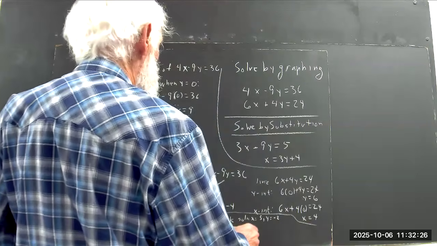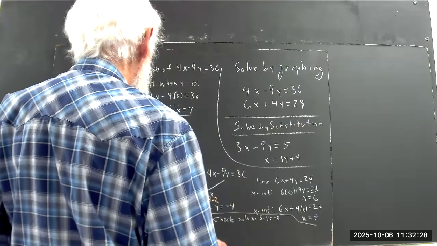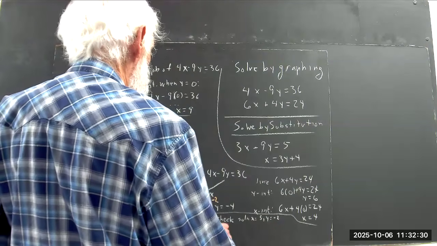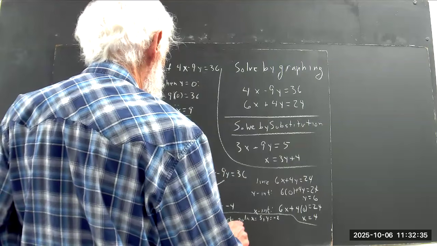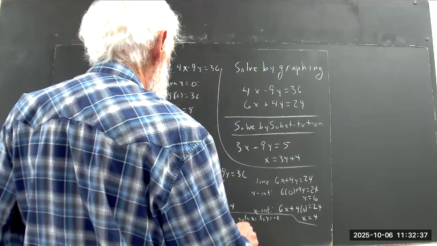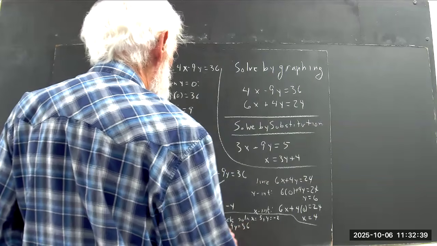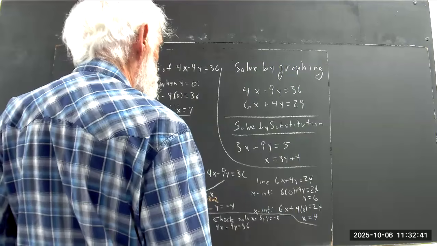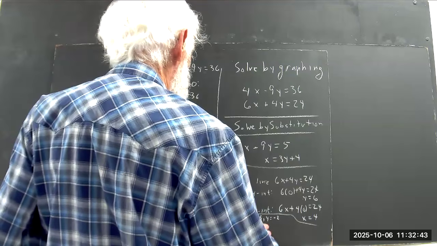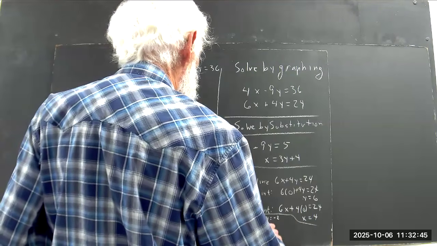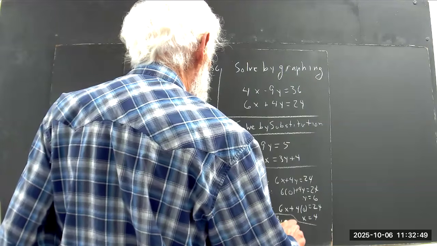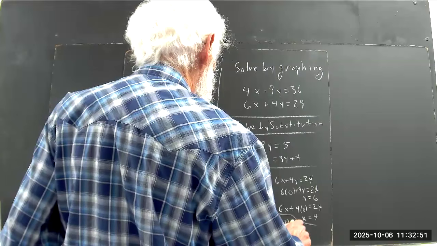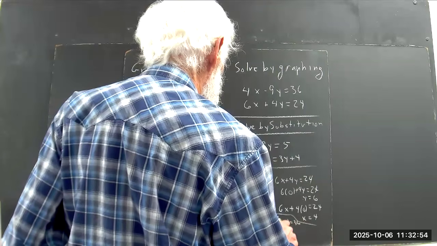I say we check the solution x equals 5, y equals -2. 4x minus 9y equals 36 is 4 times 5 minus 9 times -2 equal 36.